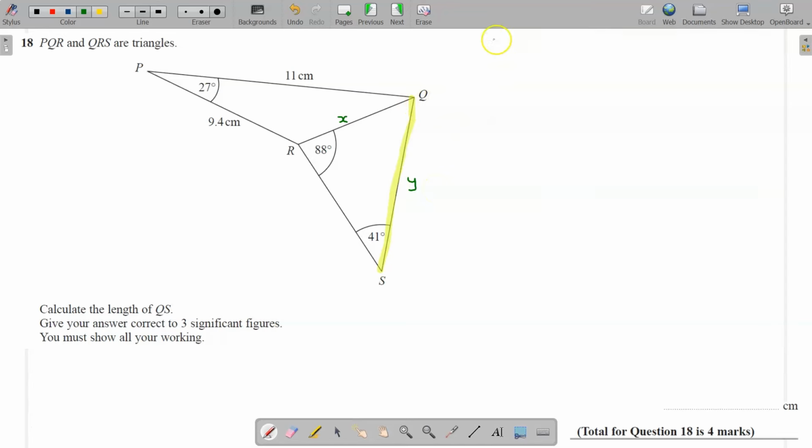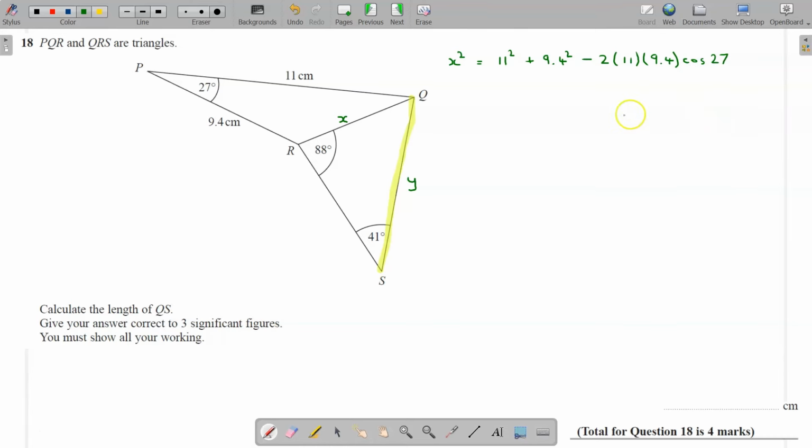So to find X, we can use the cosine rule because we have a length opposite a known angle, and we know the two sides adjacent to that angle. So we know from the cosine rule that x squared is equal to 11 squared plus 9.4 squared, minus 2 times the product of the numbers we've just written down, times the cosine of the angle between them, which is 27 degrees.